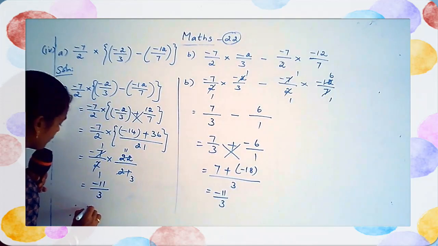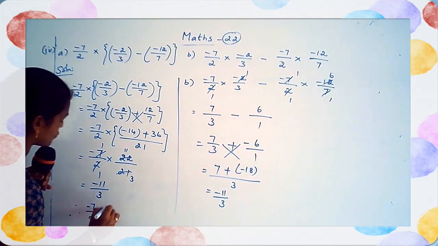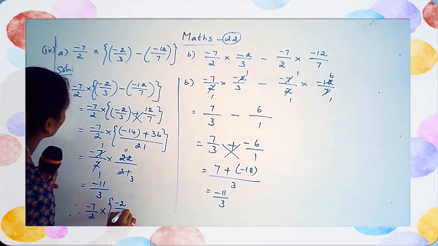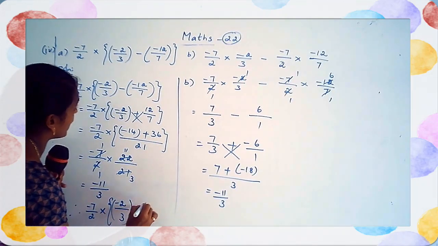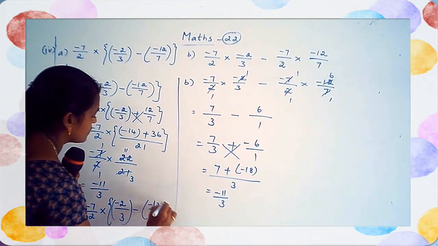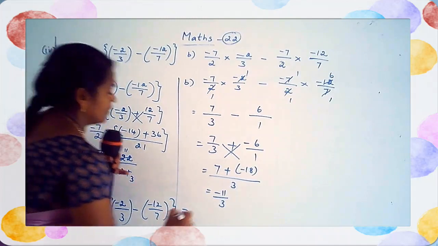Therefore, minus 7 upon 2 into minus 2 upon 3 minus is equal to the B part.